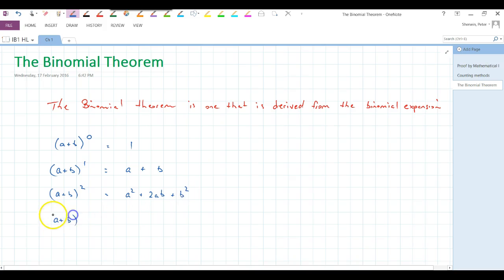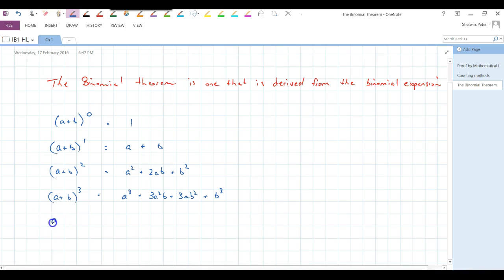And if we did a plus b cubed, we take this and multiply by a plus b, what you'd find is that you had a cubed plus 3a squared b plus 3ab squared plus b cubed. And what we're picking up each time is one more term each time, so for the power 3, we've got 4 terms, power 2 had 3 terms, and so it goes on. And a plus b to the power of 4, now so far we've got these results quite quickly.